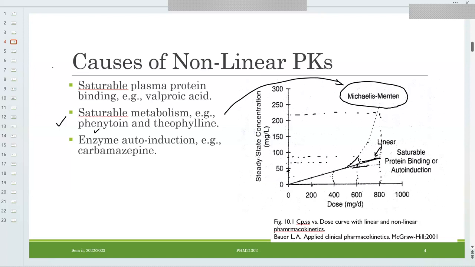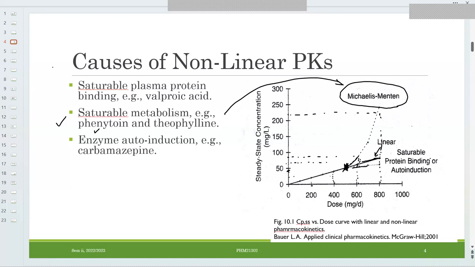So if enzymes are not saturated, you increase the dose in this range that before saturation, there will be a proportional increase in the rate of elimination, so concentrations also will increase proportionally. But after saturation point, the rate of elimination will be stable, zero order. So you increase the dose, rate of elimination will not increase, so you get higher than expected concentrations. Okay?